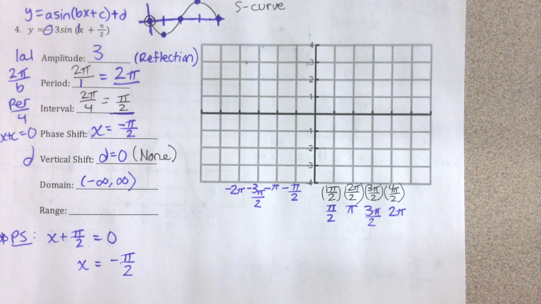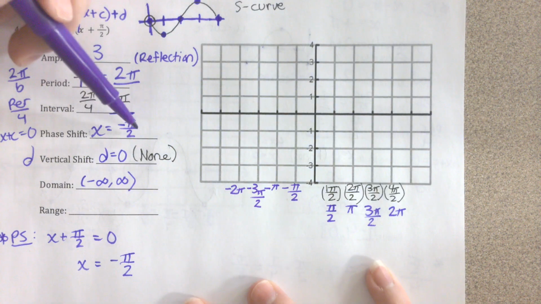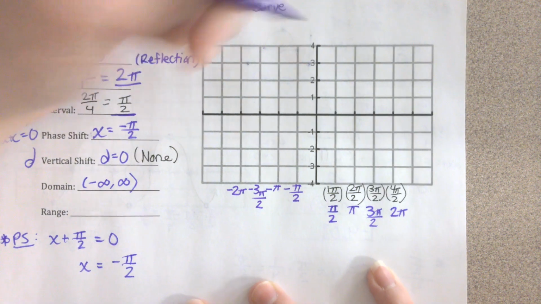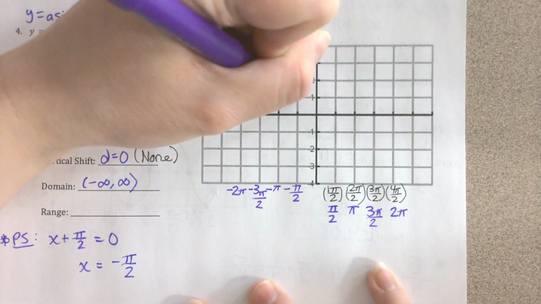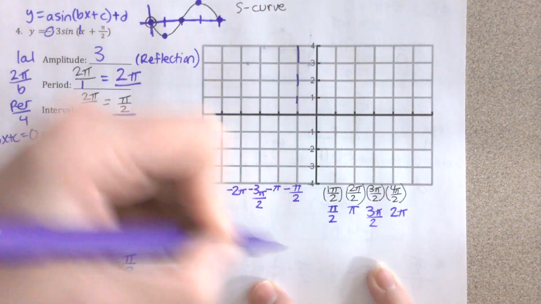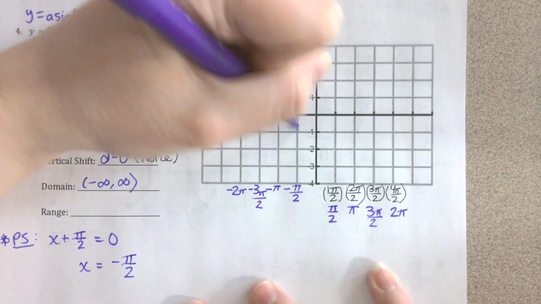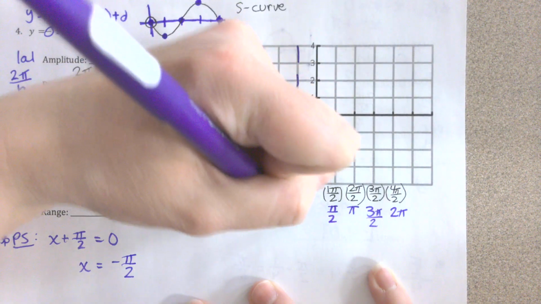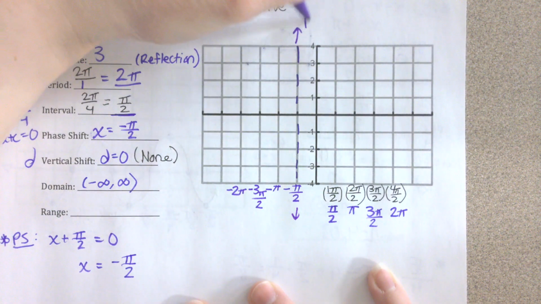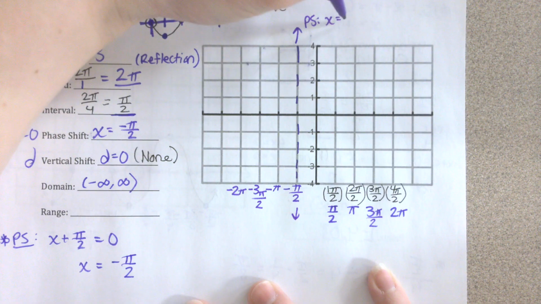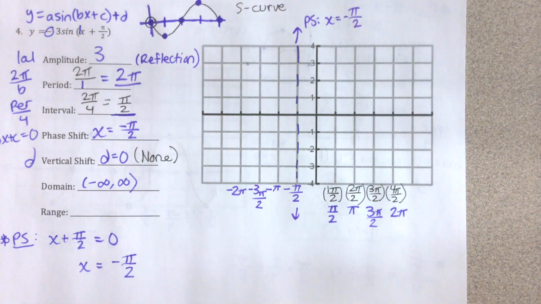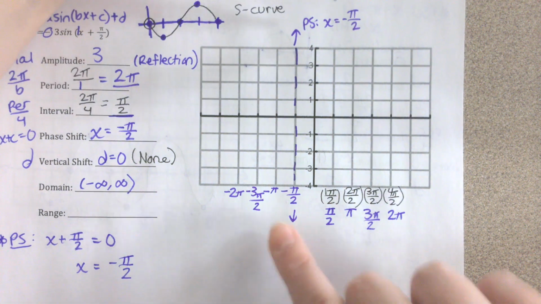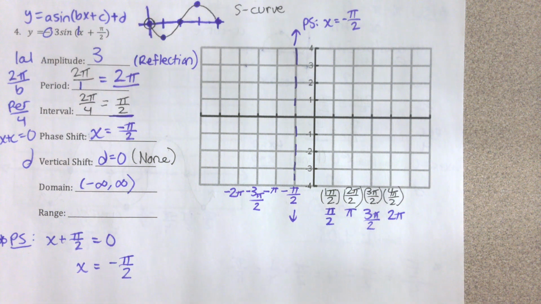Let's figure out where we're starting. We have a phase shift of negative pi over 2. Just through this here, so we're left pi over 2. Phase shift, x equals negative pi over 2. Once again, this is just a very convenient way to check and make sure I put it in the right spot.